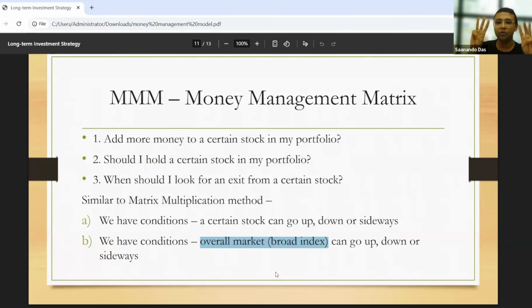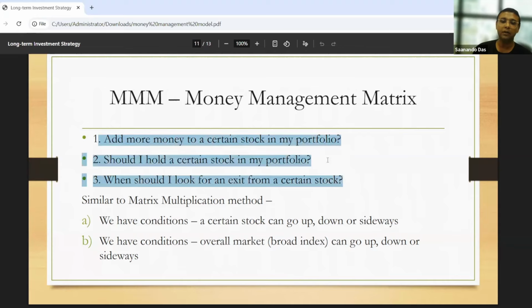Combining these 3 and 3, total 6 conditions, we will try to answer these above 3 questions via this money management matrix.